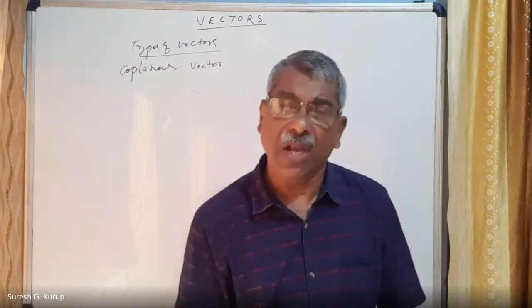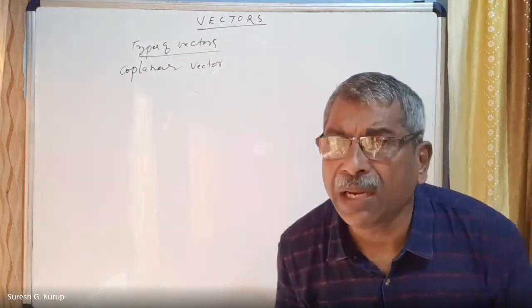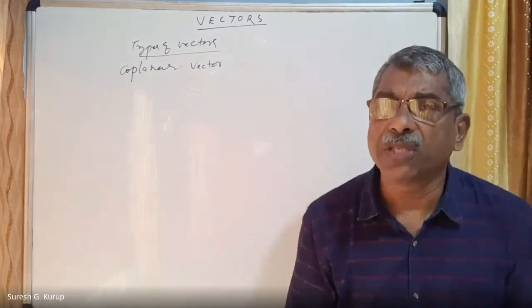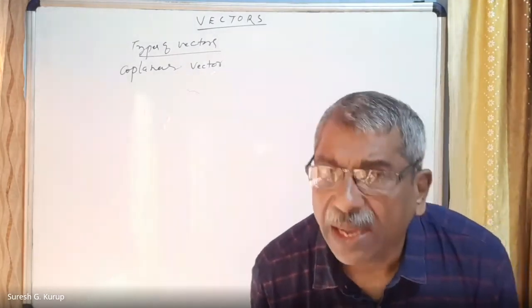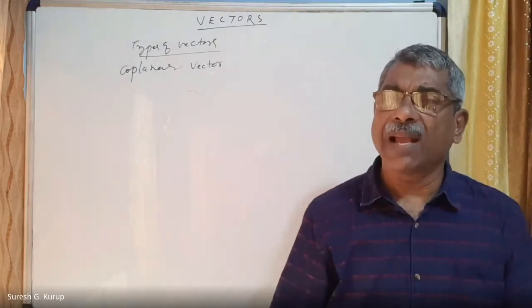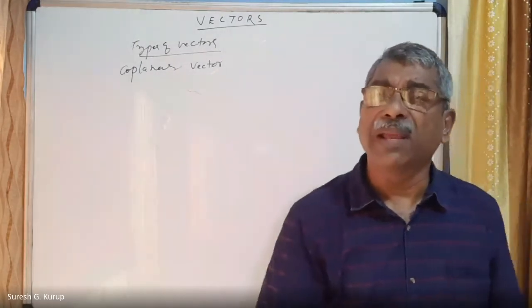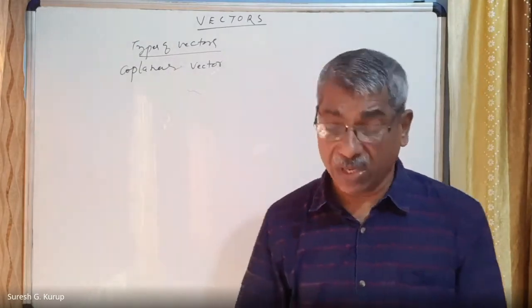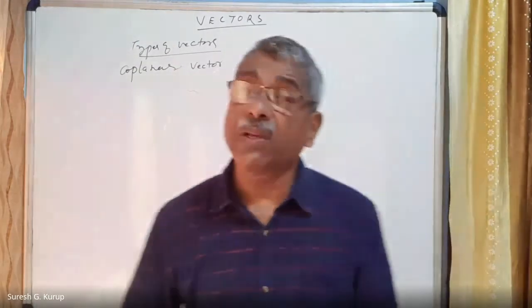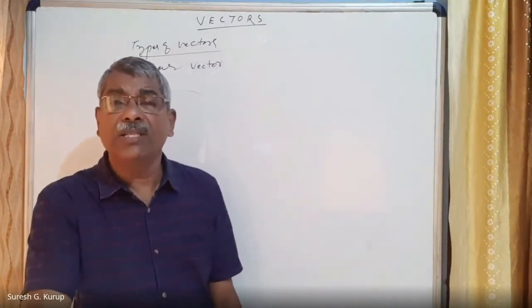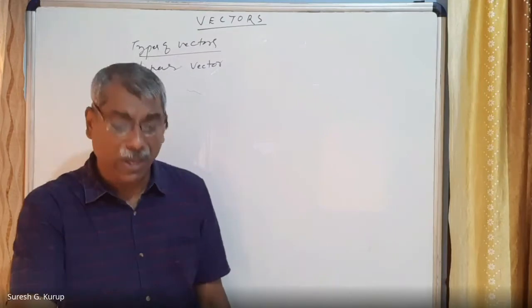Two bodies are kept on the surface of a table, and with your hand some force is applied on them. That means the force is acting on the bodies in the same plane, and the bodies are getting displaced or accelerated in the same plane. Then these two vectors are coplanar vectors. So coplanar vectors are defined as those vectors which lie on the same plane.